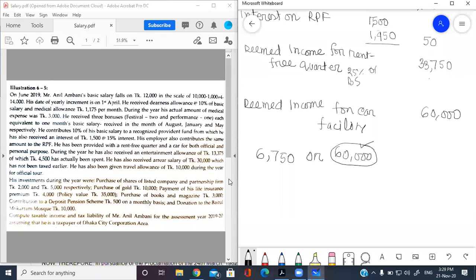By the concept of income, we actually mean something received in terms of money, in terms of cash flow. But here we are not receiving any cash flow. Rather, we are receiving something which has some monetary value. So we are trying to convert those facilities into a monetary number.